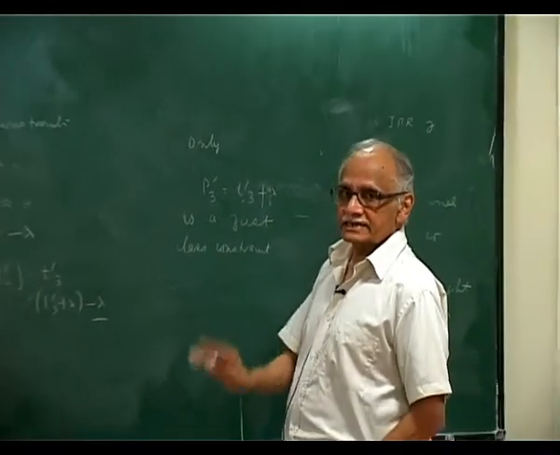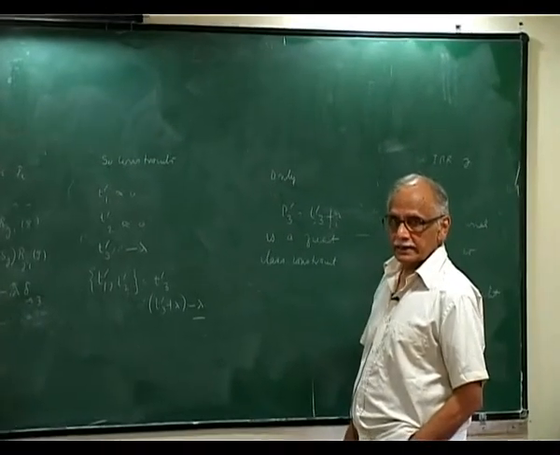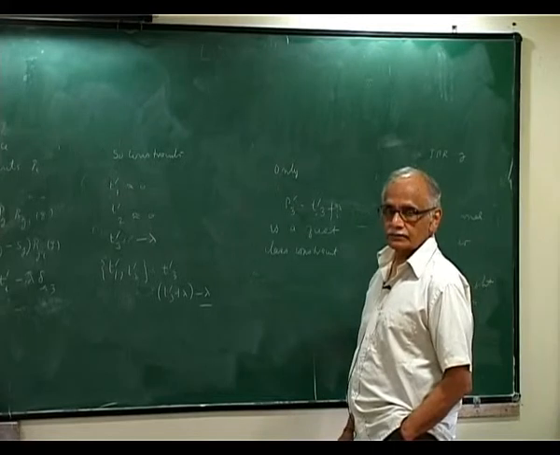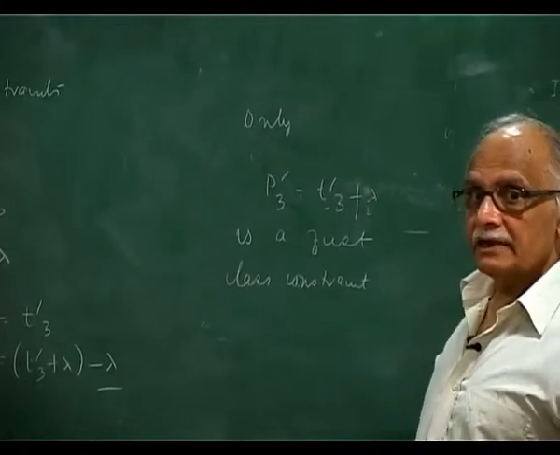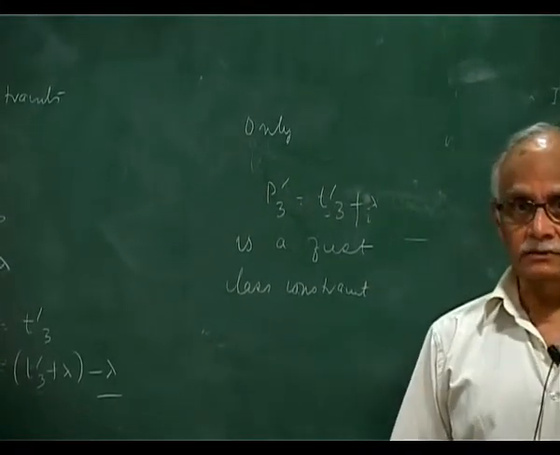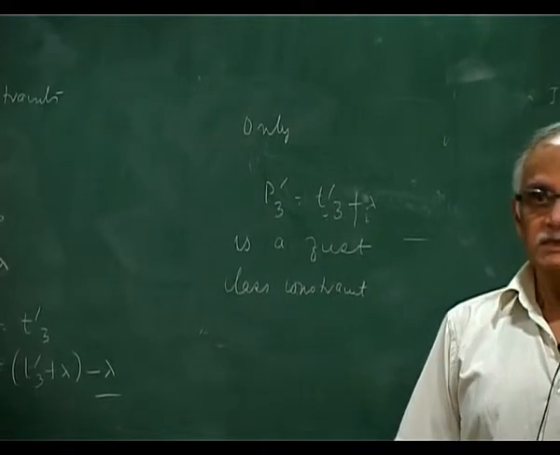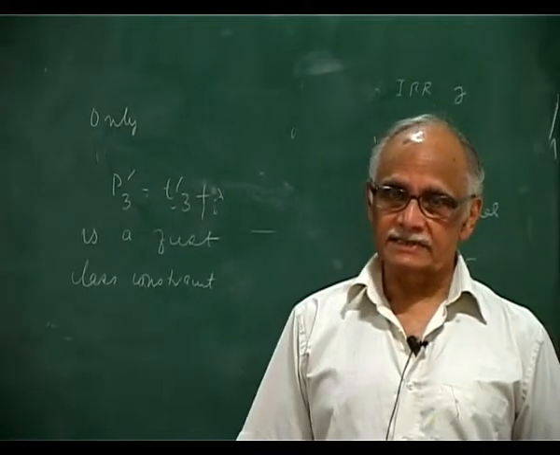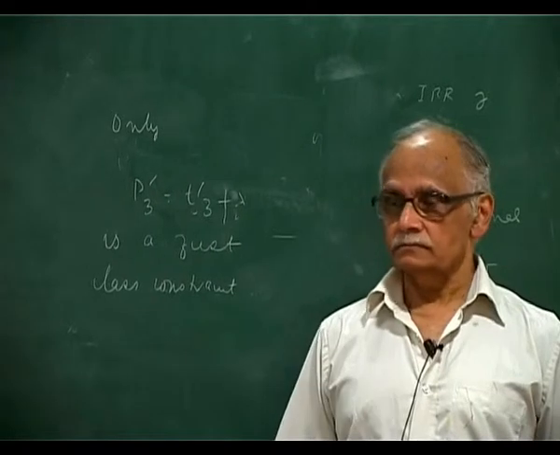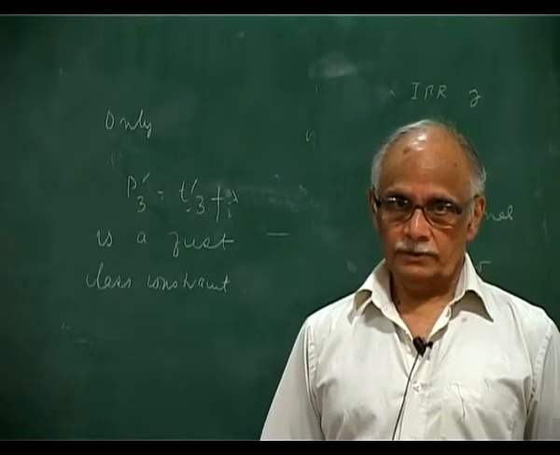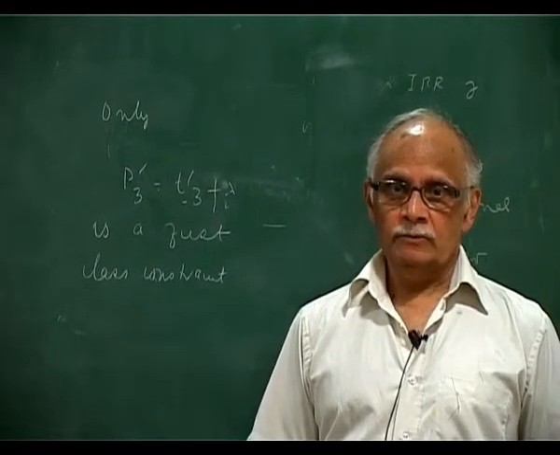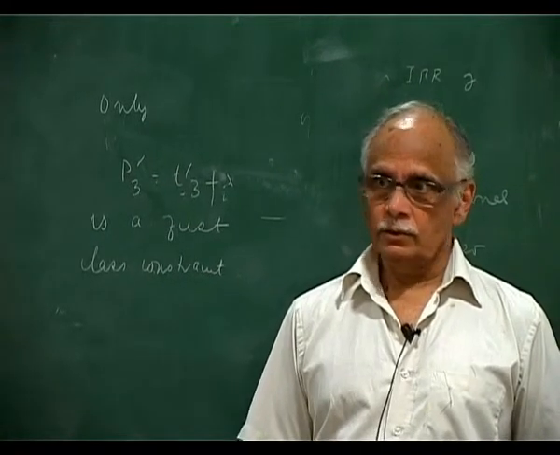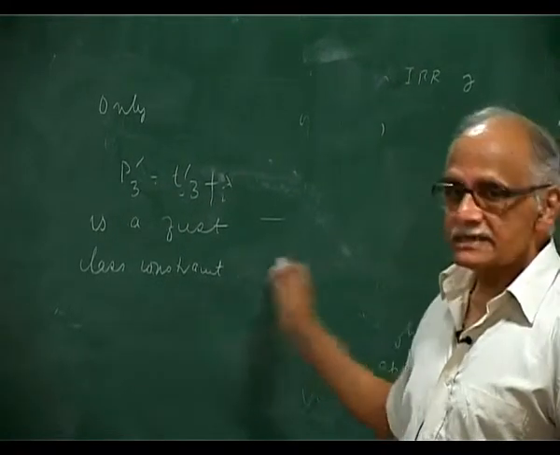There were only primary constraints in this problem. There was no secondary constraint, but already at the primary level we found 3 constraints. Remember, because it's a first order Lagrangian, you get 3 constraints. Every momentum is a constraint. So only this is a first class constraint.